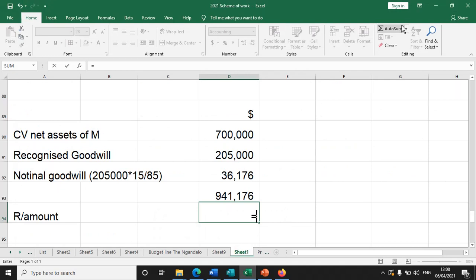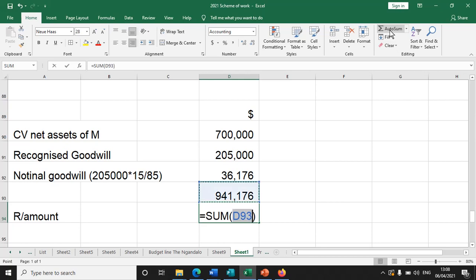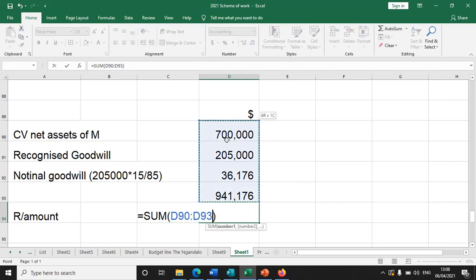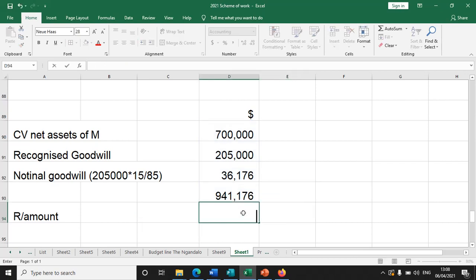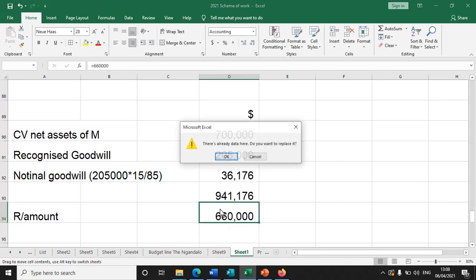So we do the same here. All right, so this one is done. Let me just escape this one. This is done. So what is the figure for the recoverable amount? 660. That's what we had there, and I think it's supposed to be a minus.